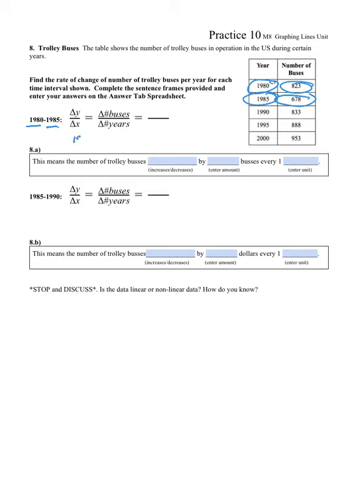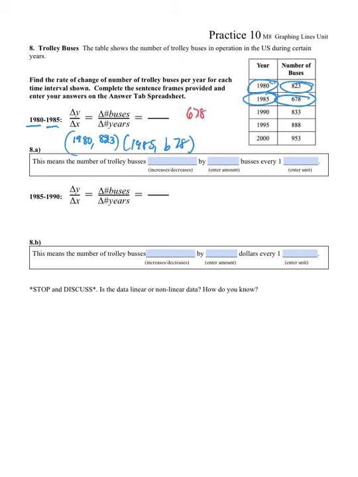So it's going to be 1980 and 823 buses. And then in 1985, it's 678 buses. Now, right there you can see, if it goes from 823 to 678, it's going to be a decrease. So you should come out to a negative slope.